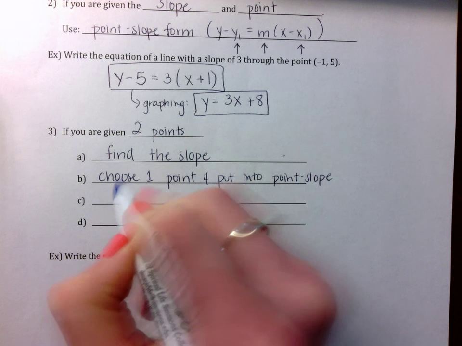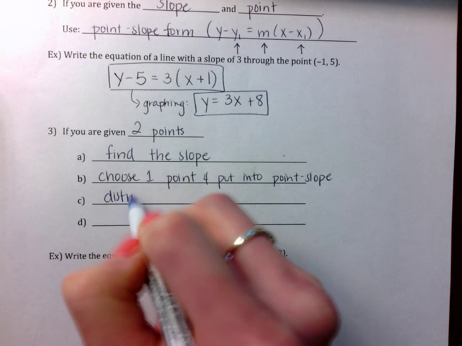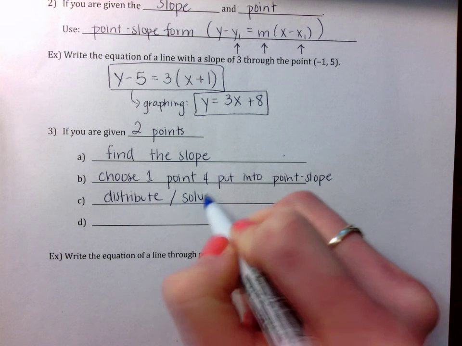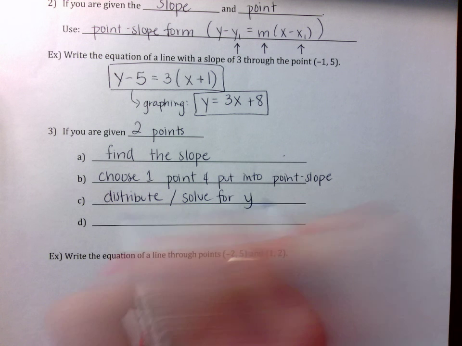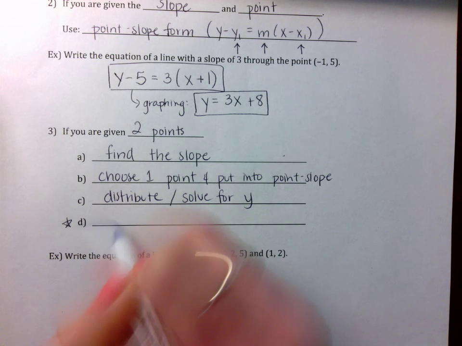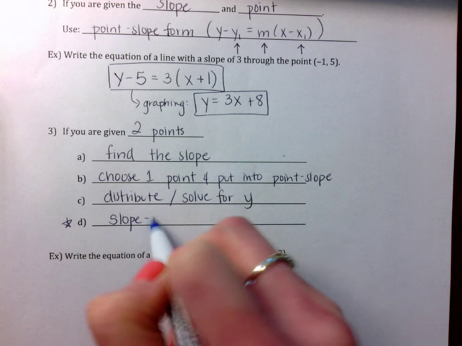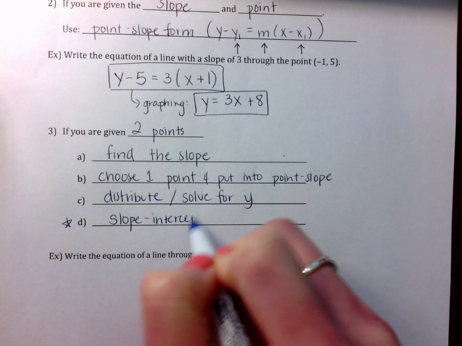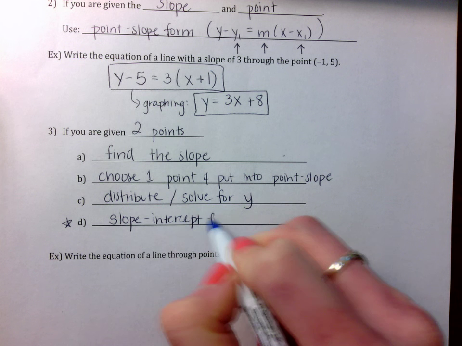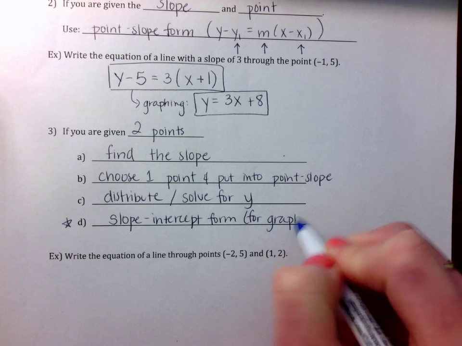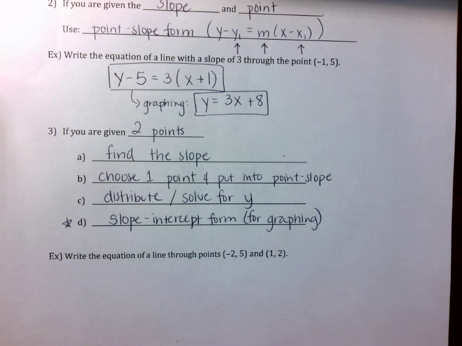Then you distribute and solve for y. And then voila, you are in slope intercept form, which is ideal for graphing. Those are the 4 steps in order to be able to graph a line if you're given 2 points.